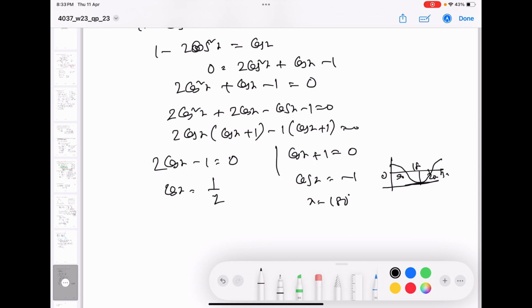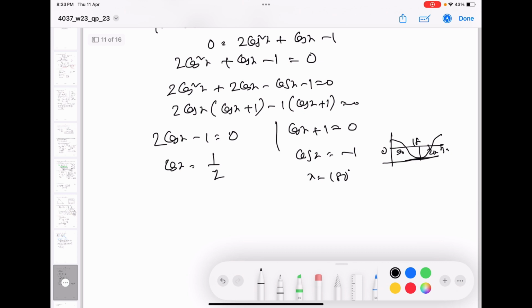Now cos x equals to half. Let us do ASTC diagram. Cos x is positive, so it lies in first and fourth quadrant. First quadrant all positive, and fourth quadrant cos positive. Since half is positive, this is theta, this is 360 degree minus theta, and cos inverse half. Always we will ignore the sign because it is only the position in the quadrant.